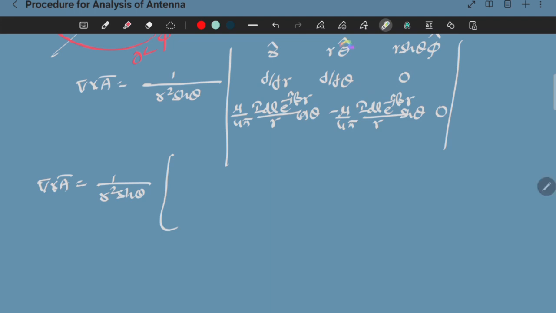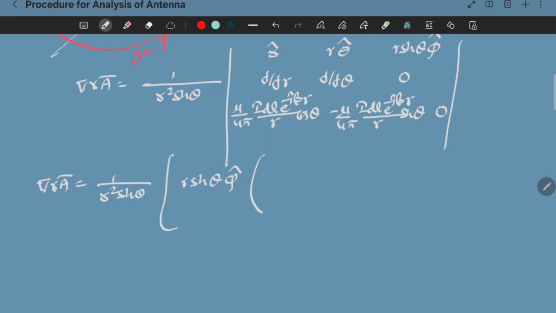Now to get the theta component, remove this column, this row, and multiply this one minus this one, you will get 0. That means no theta component. Now only the phi component is existing, that is r sin theta into phi cap. Now perform the determinant for these two. So what will you get?